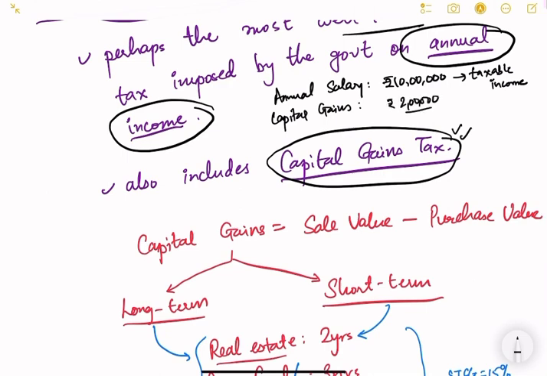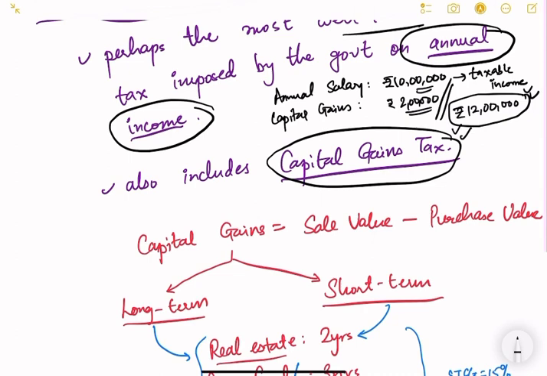So you earn a profit of 2 lakhs by doing some transaction in some assets, and therefore your total income will be rupees 12 lakh. So 12 lakh will be the total income considered for that particular year.